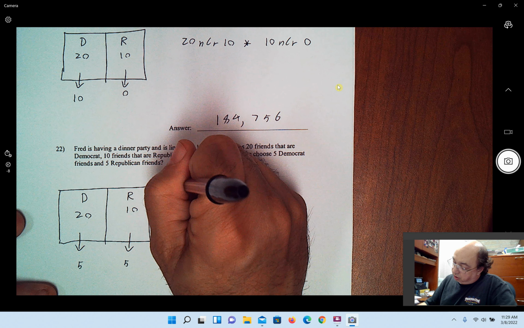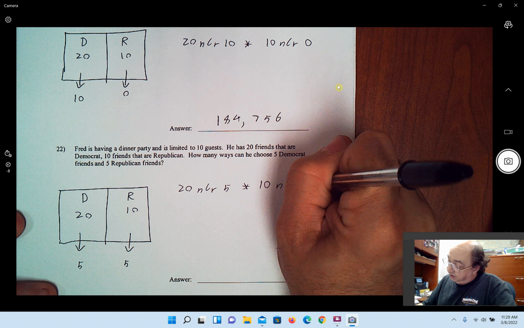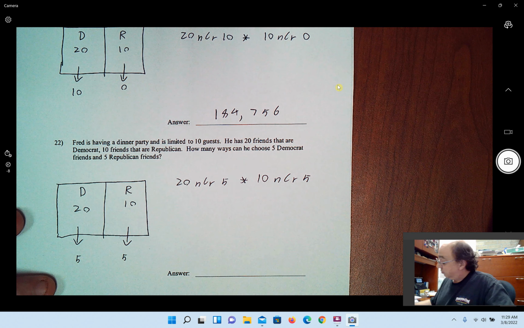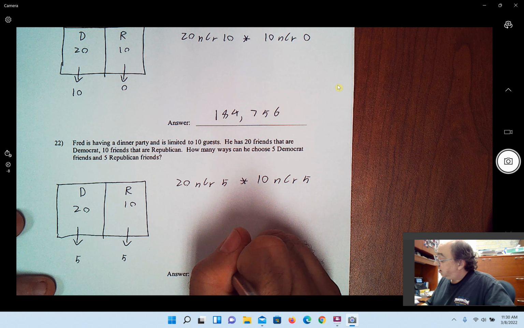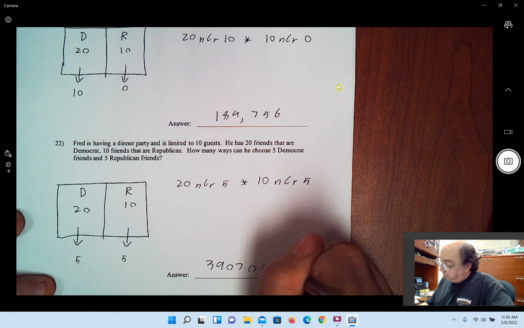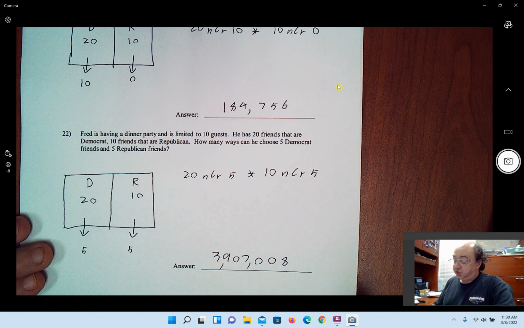So that's going to be 20 combination 5 times 10 combination 5. That ends up giving us 3,907,008 ways to do that.